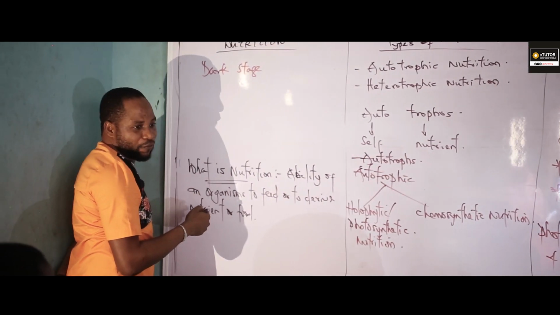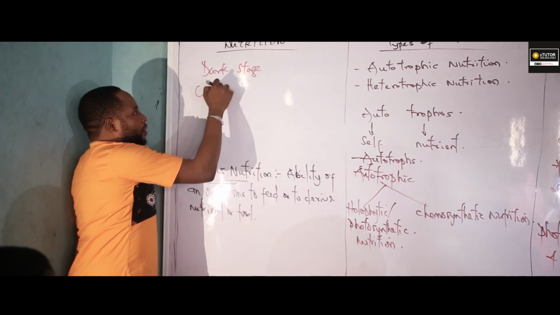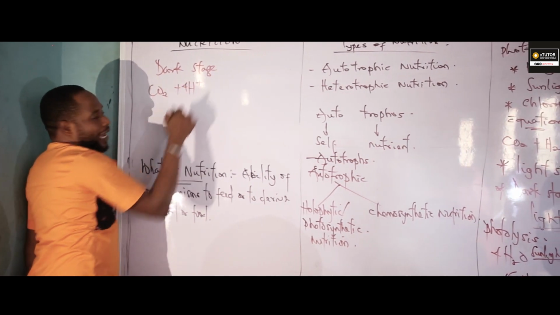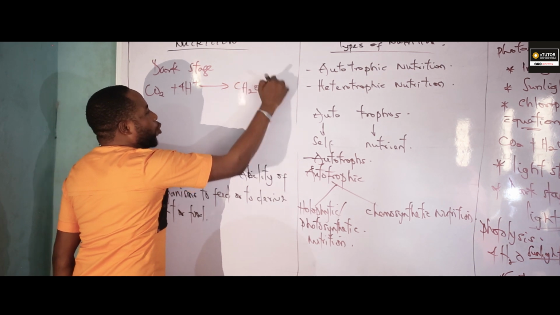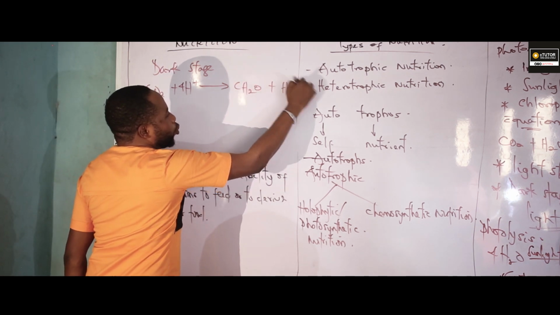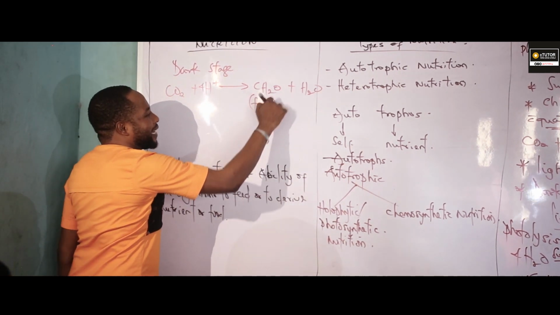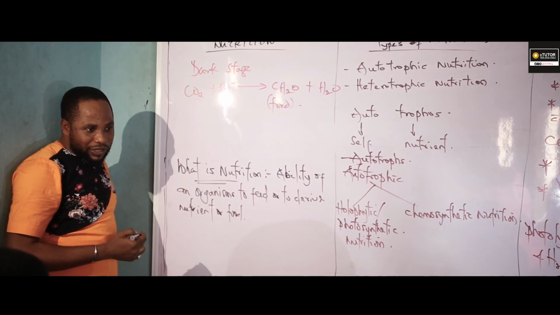In the dark phase, carbon dioxide will now react with the 4 hydrogen ions to form CH2O plus H2O. And this is the food manufactured by green plants. Did you understand that?